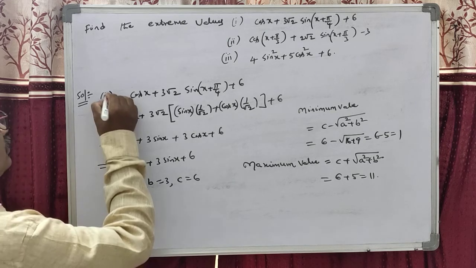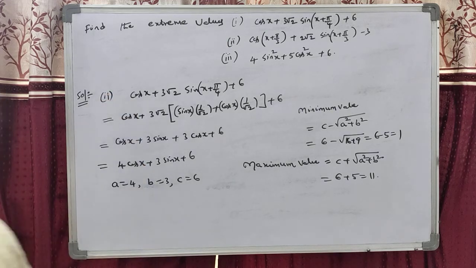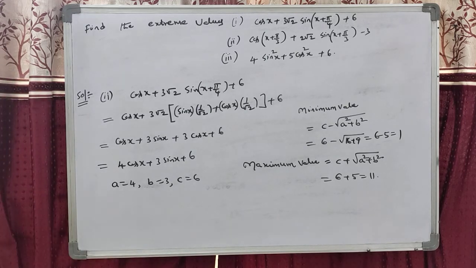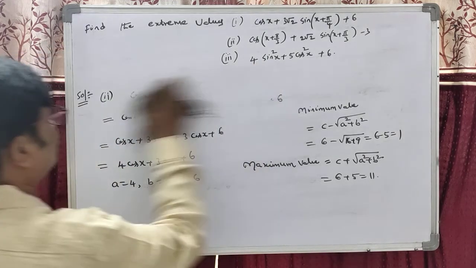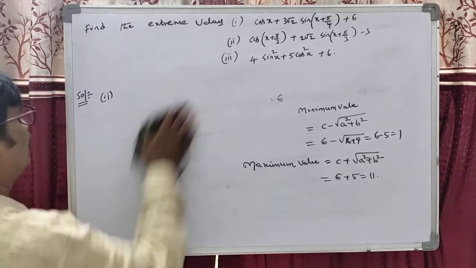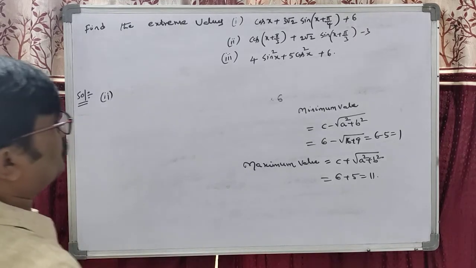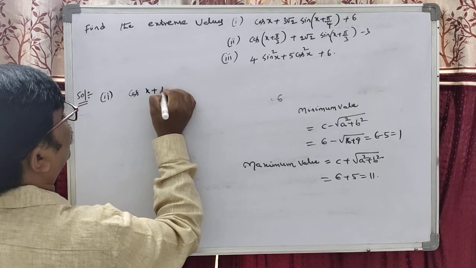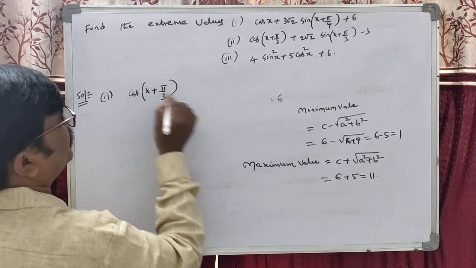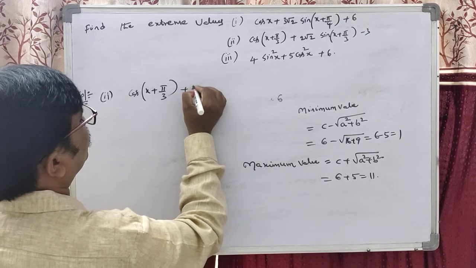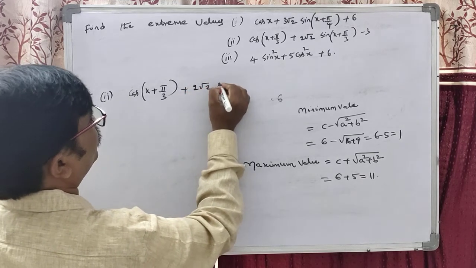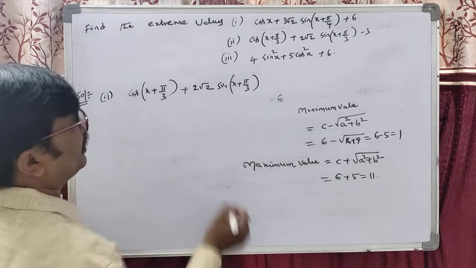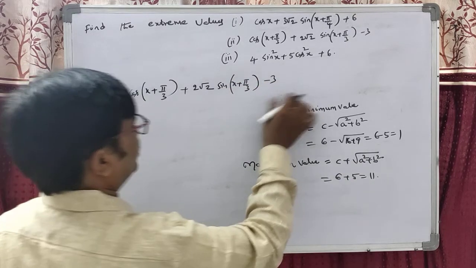Now the second one is there: cos(x + π/3) + 2√2 sin(x + π/3) − 3.